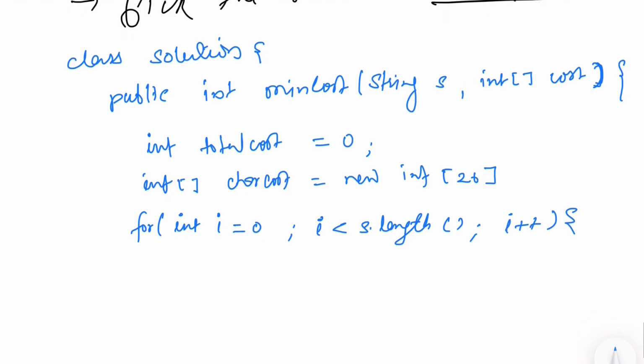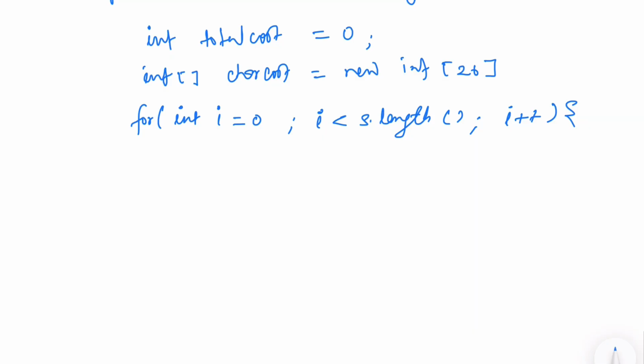Okay guys, after this what we should do is find the index. How are we going to find the index? So define first int index. You can get the index from s dot charAt(i) minus 'a'.